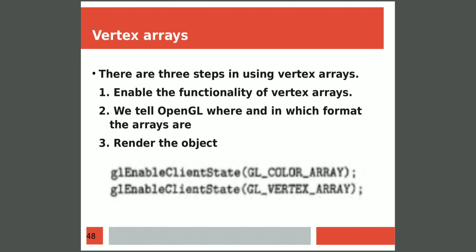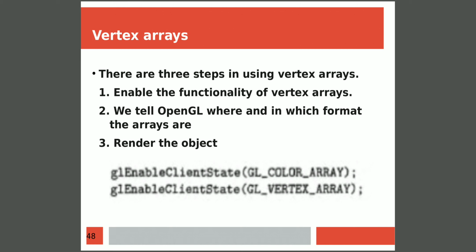The first array we are enabling is GL color array, and again we need to enable the vertex array, so we use the same built-in function GL enable client state followed by GL vertex array. These 2 lines represent enabling 2 arrays in total. The first array is the color array, to specify the color for each vertex. The second array is to specify the vertices of the cube. This is the first step.